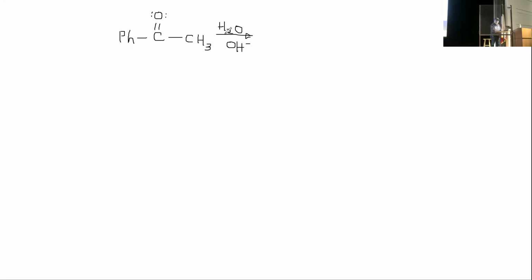It doesn't do anything, doesn't participate in the chemistry. So just so you're aware, you might be given that as well, NaOH or KOH, and it means the same thing. And you'll see we don't even use the alkali metal ions in the mechanism, but the product will be the same. It will be the hydrate of acetophenone.